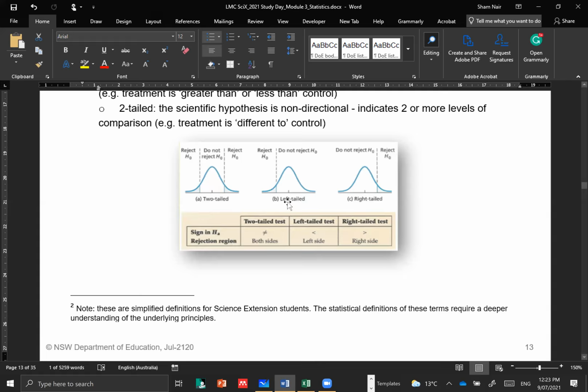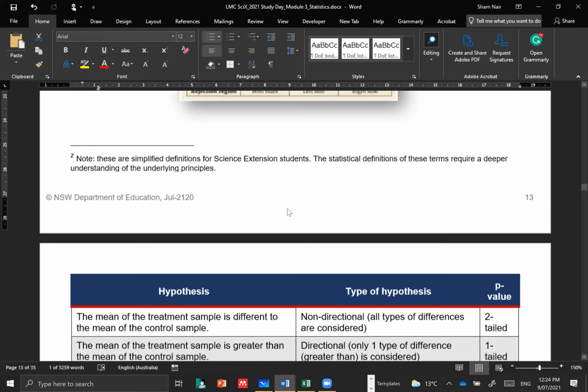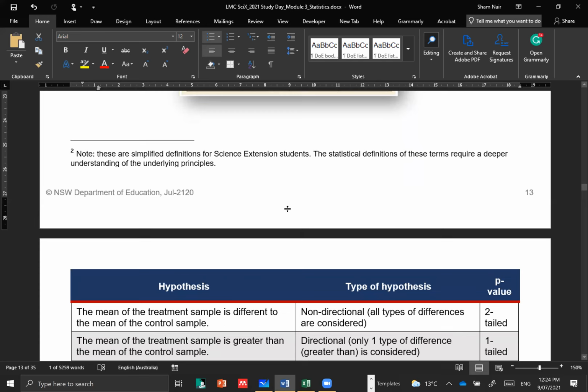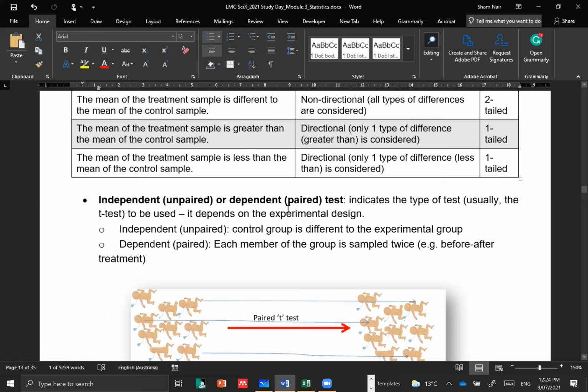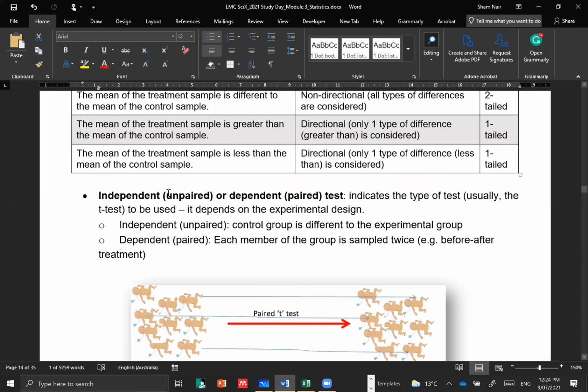The reason this is important is that when you select a t-test, sometimes it'll ask you, is it a one-tail or a two-tail? It's one of those things that you do just need to be aware of. Another thing about t-tests is whether the t-test is unpaired or paired.